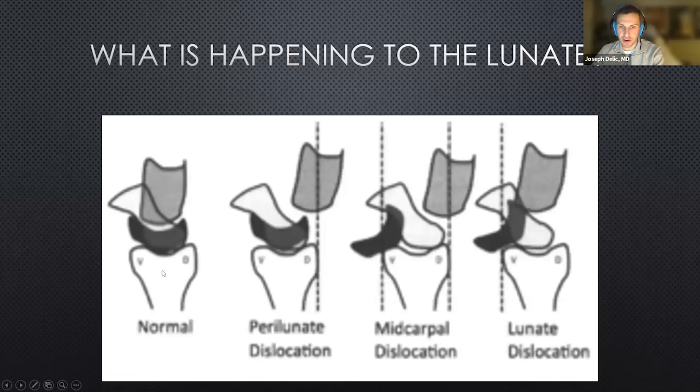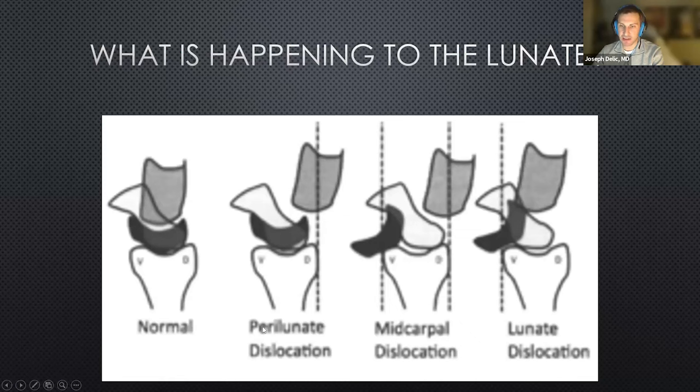If we look on our images here, radius, lunate, capitate. If we skip to the right image, the radius and the capitate are in line, but the lunate is popped out. That's the lunate dislocation. So what is happening to the lunate? The lunate is dislocated. If we go back to this second image, the radius and the lunate are in line, but the capitate is out around the lunate.